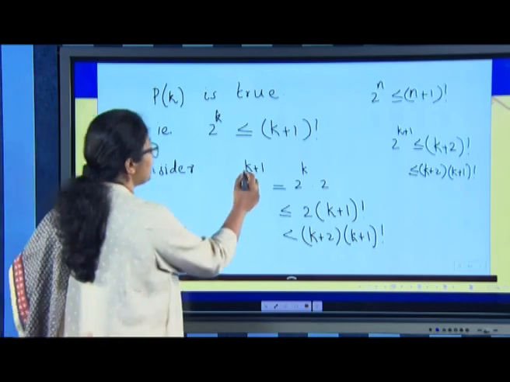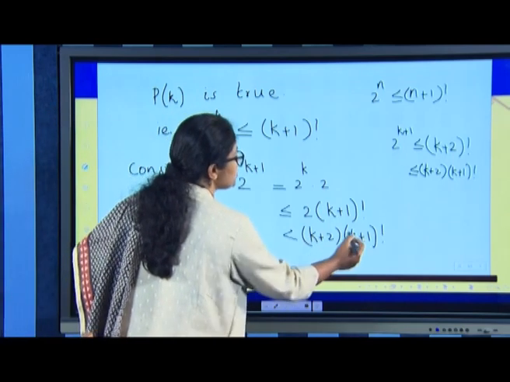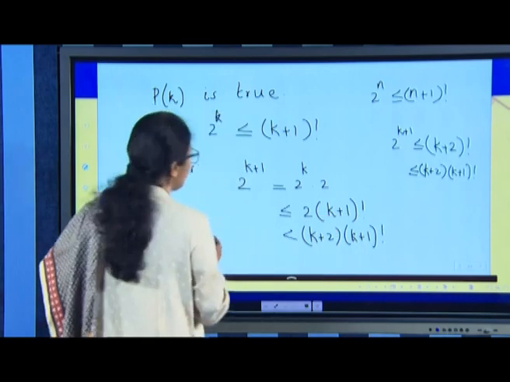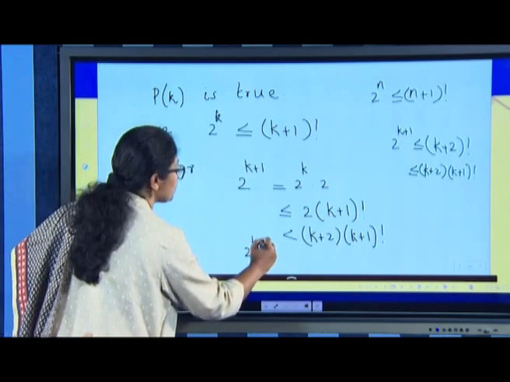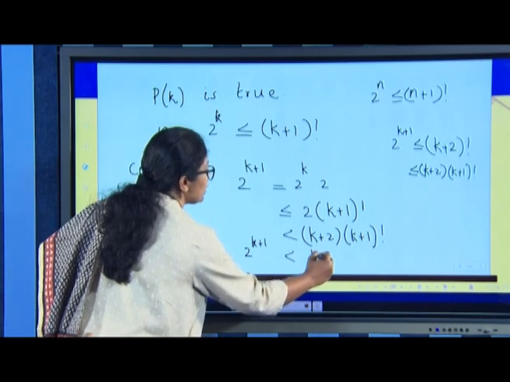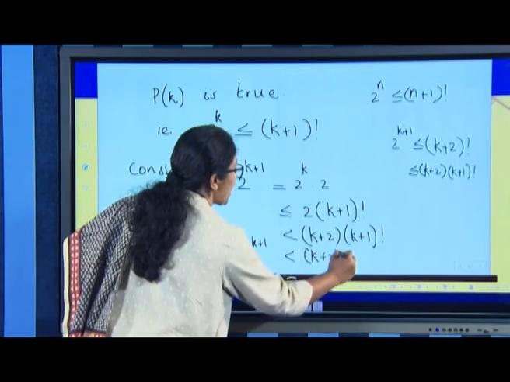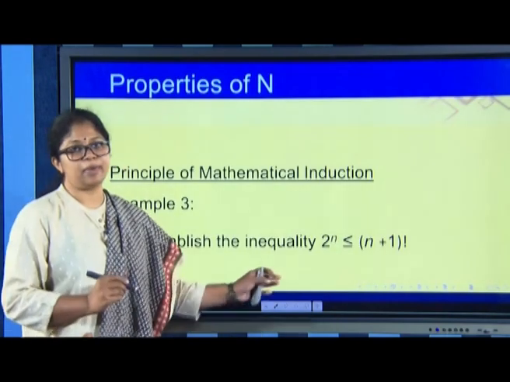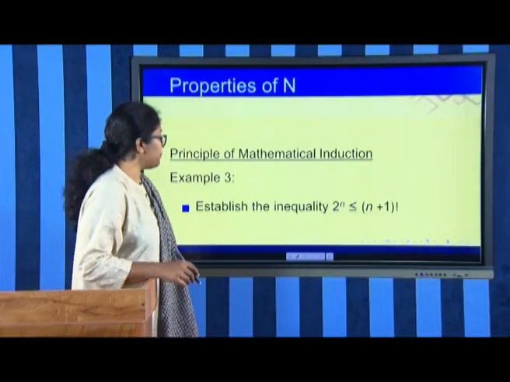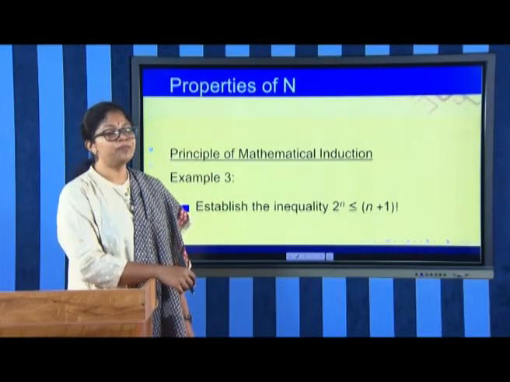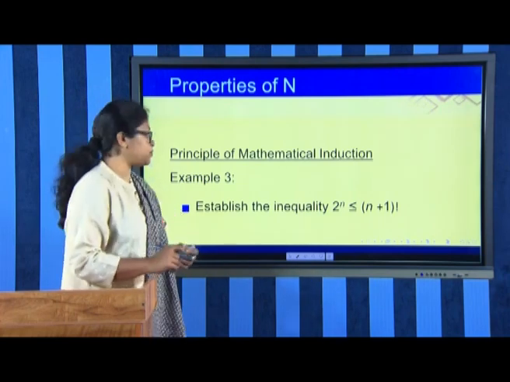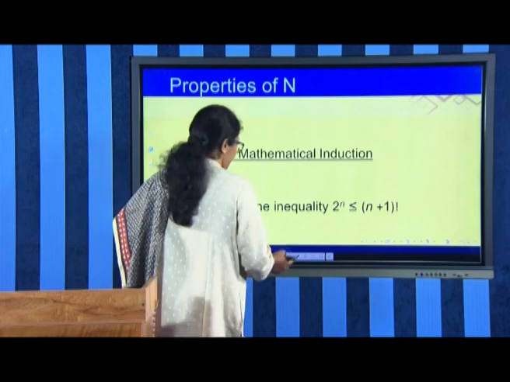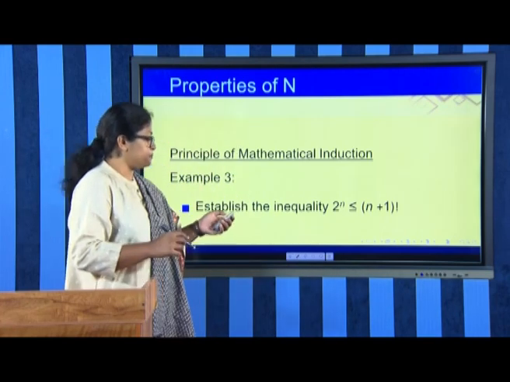So, 2 power k plus 1 is less than k plus 2 into k plus 1 factorial, that is 2 power k plus 1 is less than k plus 2 factorial as we wish to establish. And so, P of k plus 1 is also true, and therefore, 2 power n is less than or equal to n plus 1 factorial. So, that was the third example.